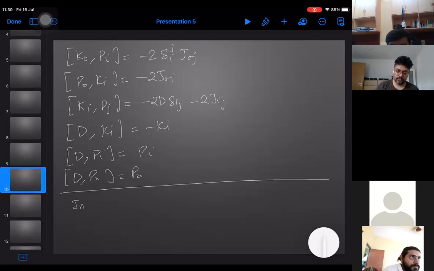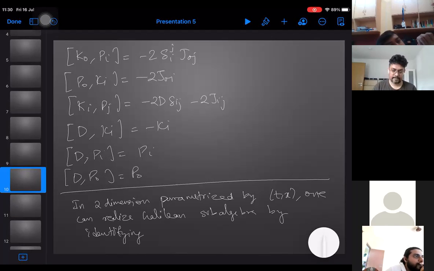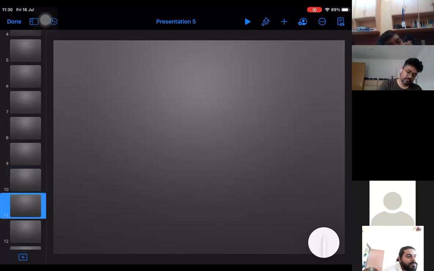Now, in 2 dimensions, which is parameterized by t comma x, one can realize the Galilean subalgebra by identifying, let's say, B with J naught x, P with P naught, and H with Px.